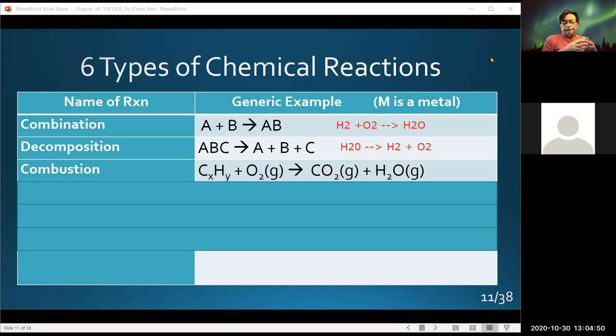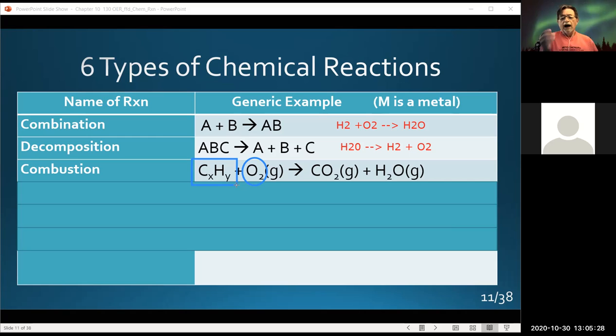A combustion reaction, just like the term states, combustion, we are burning something. That being the case, we need oxygen as a reactant. So oxygen will always be a reactant. With respect to combustion reactants for Chem 130, we are only going to deal with what are called hydrocarbons, denoted by the general formula CxHy, X being a number and Y being a number.